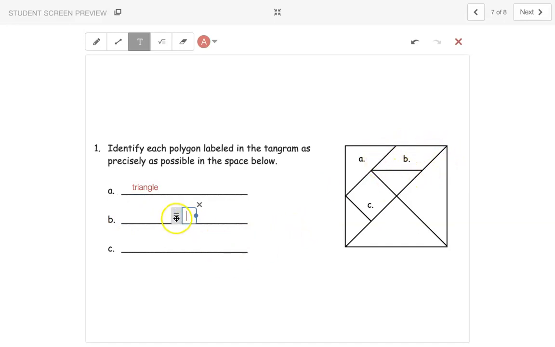It's a quadrilateral. Okay, four sides, we know it's a quadrilateral. Two sets of parallel sides make it a parallelogram. It says be as precise as possible. And C is our square. Okay, excellent.